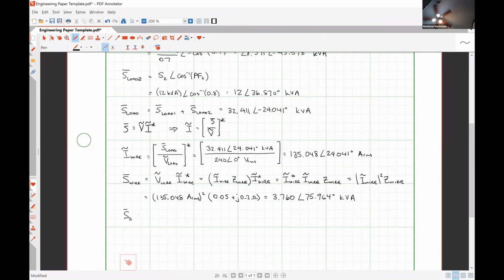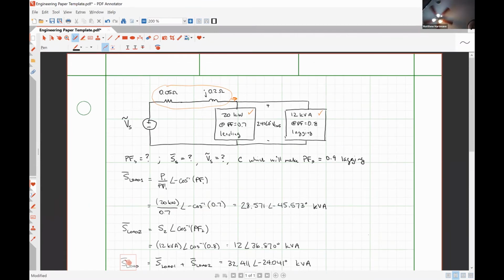And I say that because the complex power supplied by my source must be the sum of the complex powers absorbed by the loads and the transmission wire.